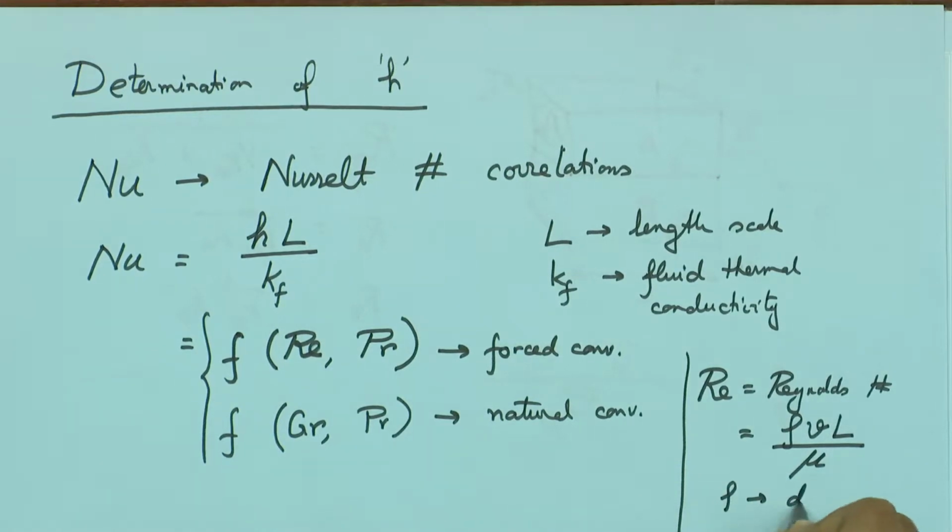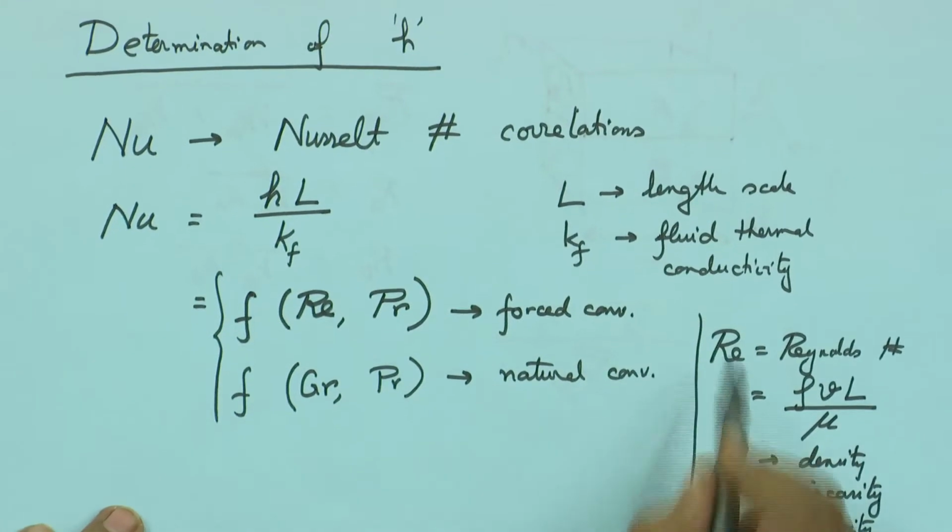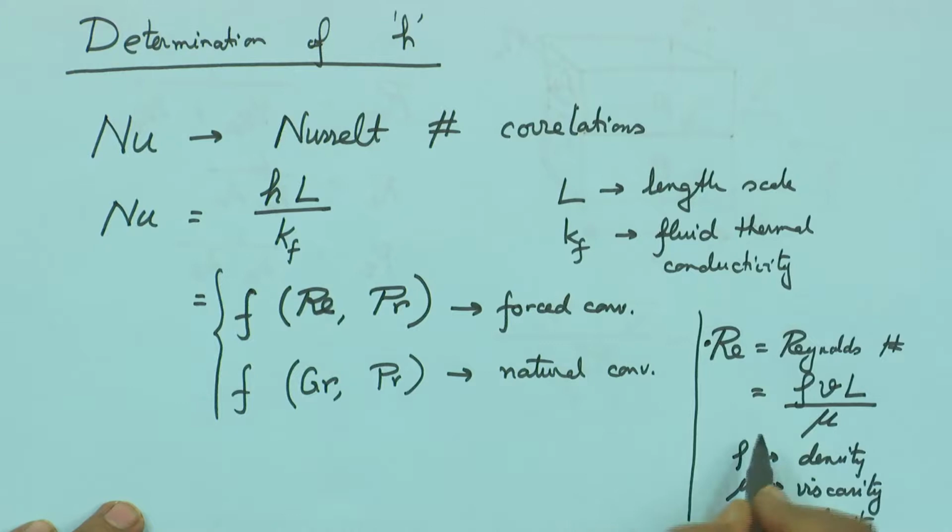Rho is the density, mu is viscosity, v is velocity, because I am talking about forced convection. So, something must be moving with some velocity. So, this is Reynolds number.